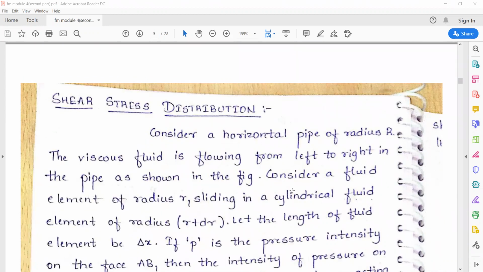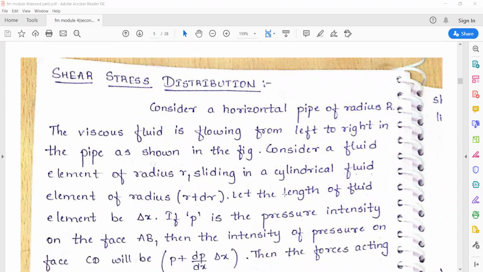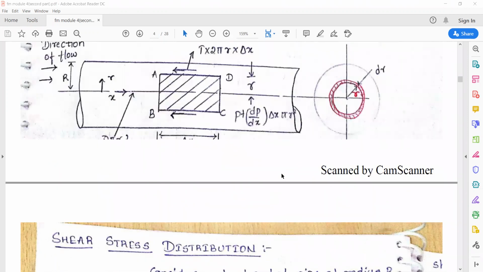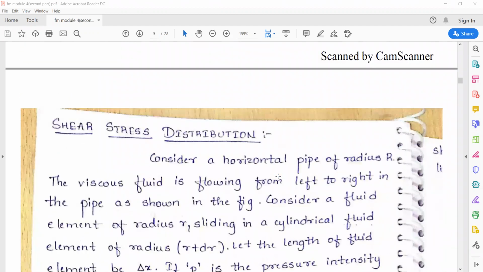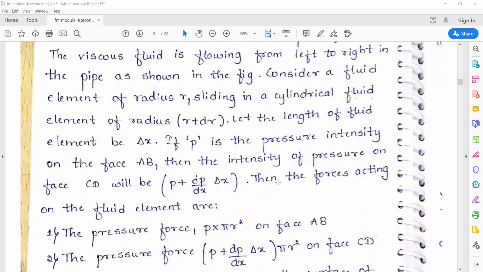first let us derive the equation for shear stress. By making use of this diagram, you can derive the expression for shear stress distribution.